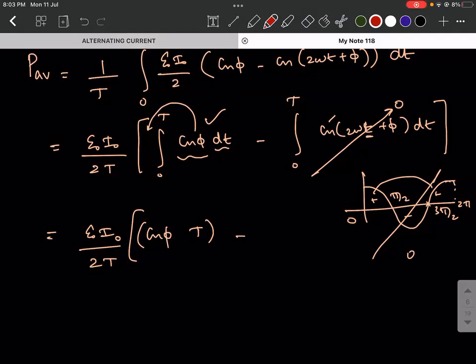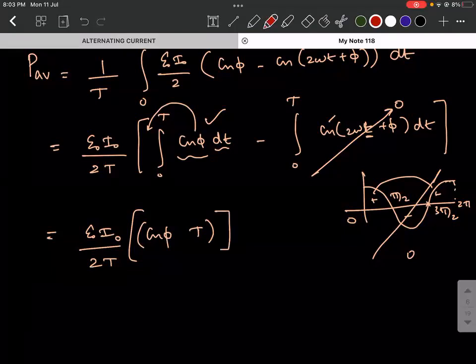So the important point to note down is that the average value of a sine and cosine function over a complete time interval is always 0. So the minus term is 0 and I'm not going to write it.